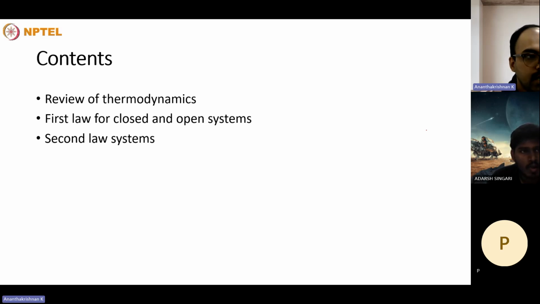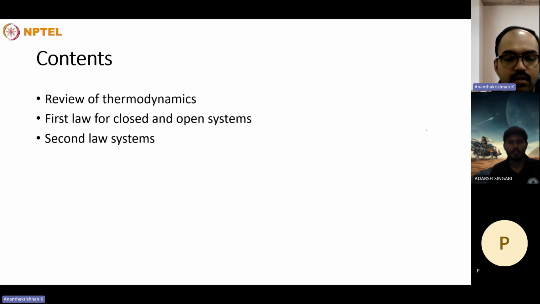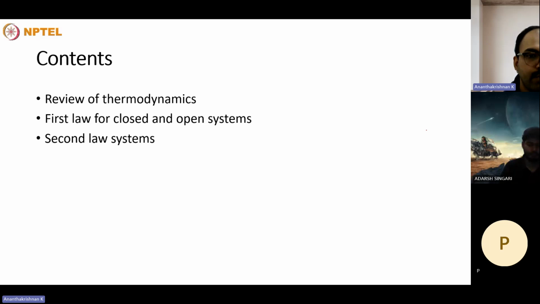The main contents are a review of thermodynamics, basic thermodynamics, the other course that is offered in NPTEL, and then first law for closed and open systems and second law. The tutorial problems that we see in this session can help you to solve the assignment questions that is uploaded in the course website for this week.